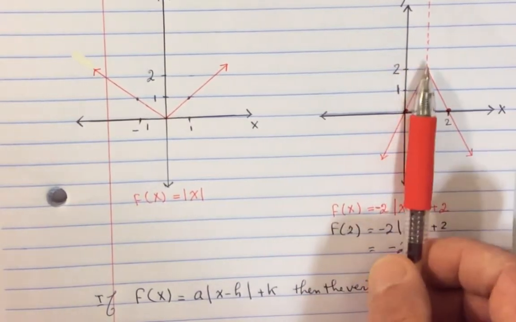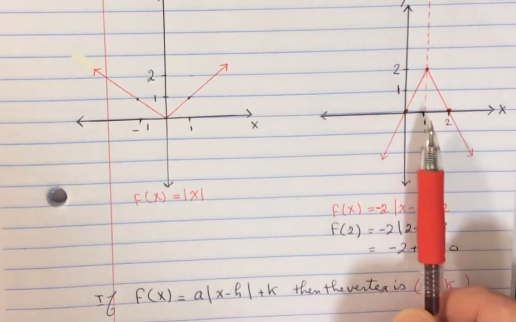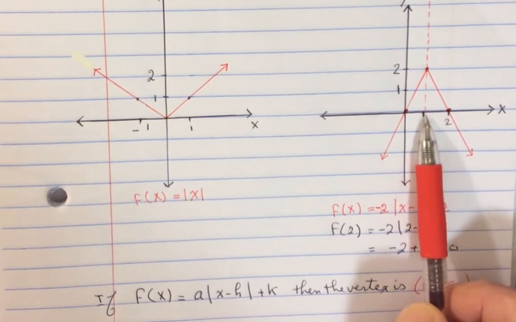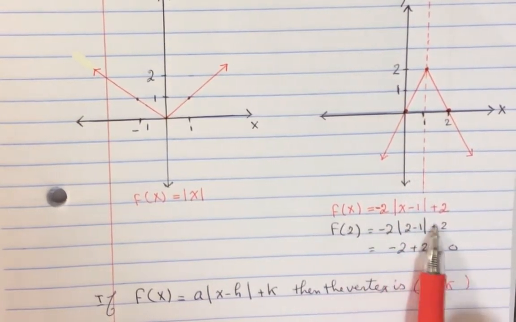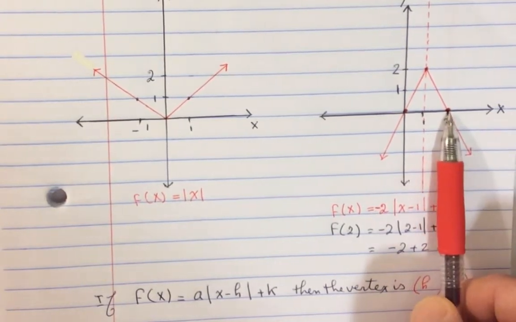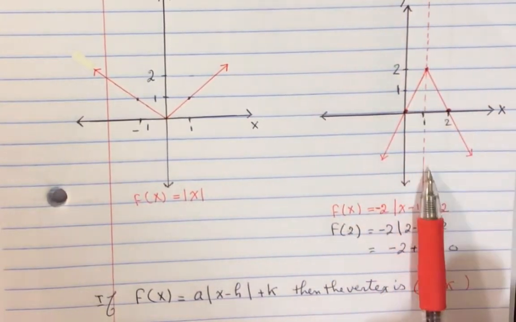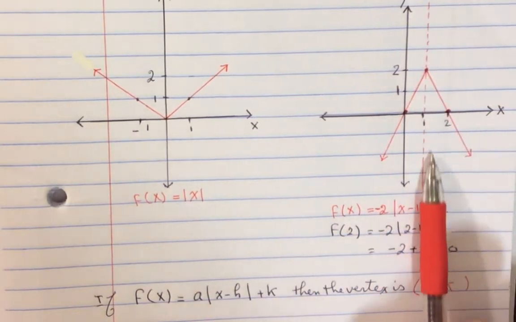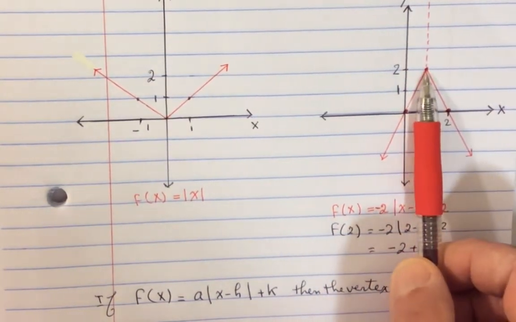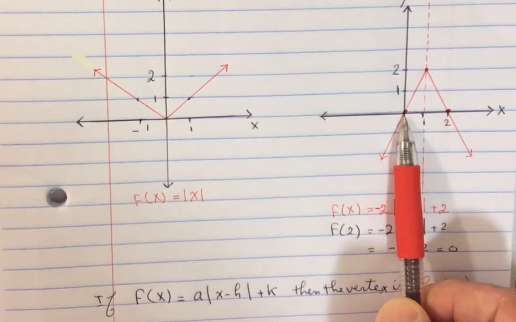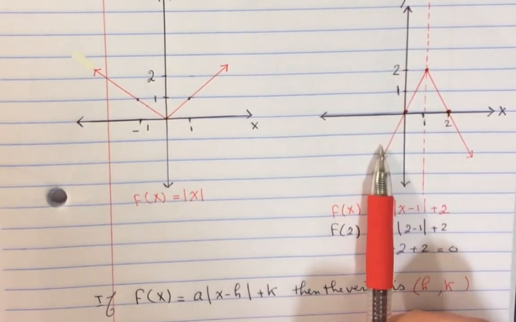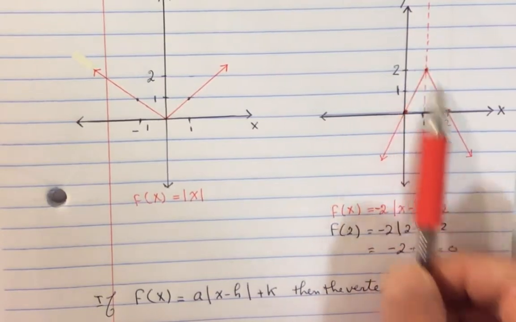Then you plot the vertex and you find one more point to the right of the x coordinate of the vertex, and you figure out what y is by substituting. You plot that other point, you draw the axis of symmetry, which is a vertical axis going through the vertex. Then you reflect this point on the other side and you draw the other branch and the first branch.